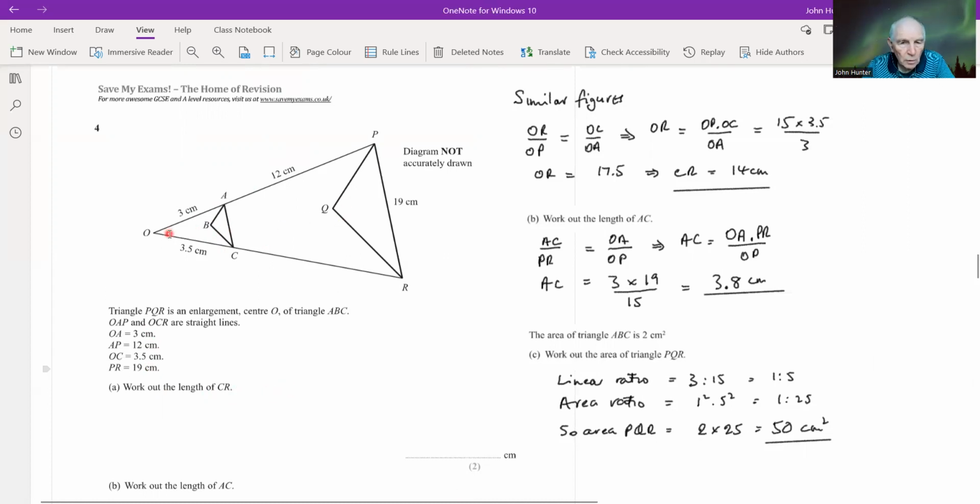Now, there's a couple of ways we can do this. So the way I've chosen really is to look at OR. I mean, what we've got here is this is scaled up. So the lengths really are in the ratio of 3, not to 12, but to 15.